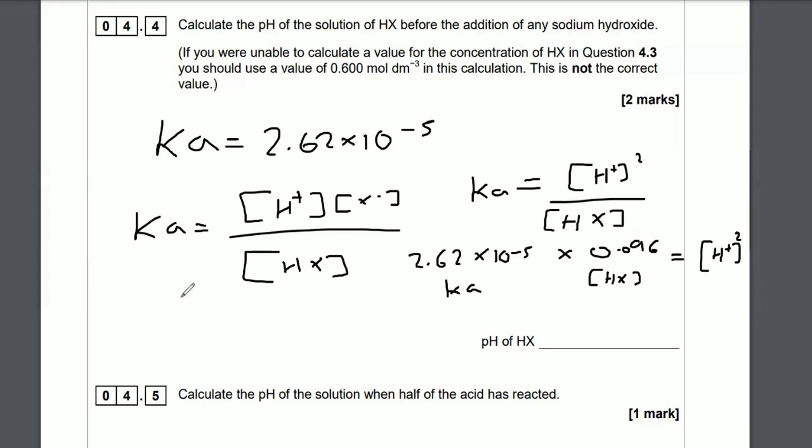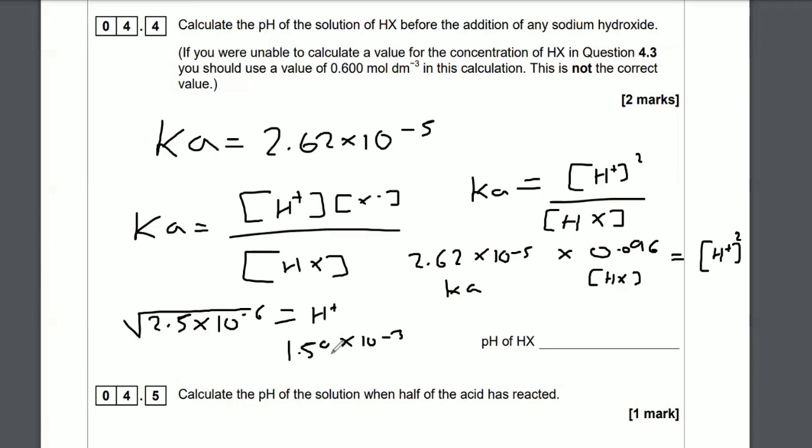We're left with the square root of 2.62 times 10 to the minus 5 times 0.096, which gives us the hydrogen ion concentration.